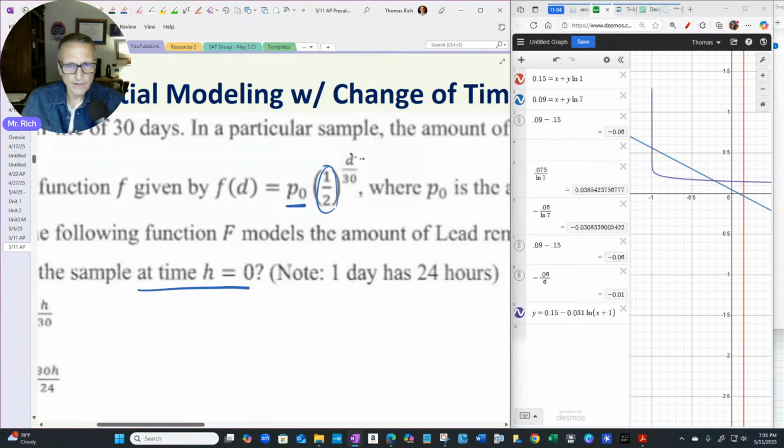It would be applied whenever the variable d takes a value that would make the exponent a 1. And that's obviously when d is equal to 30. When d is equal to 30, the amount of lead is going to be the initial amount times 1/2 to the 1 power. And so that would be the first 1/2 multiplier applied, at d equals 30.